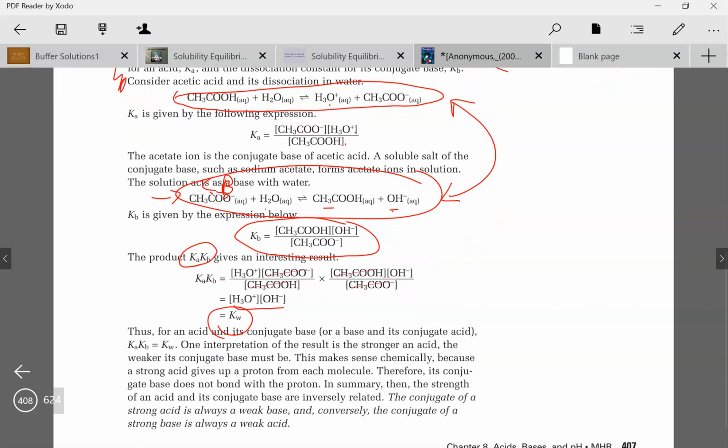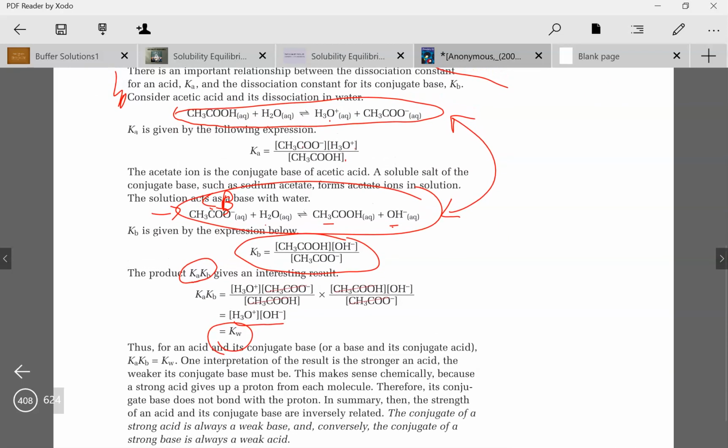So essentially, whenever you take the Ka of any acid and multiply it with the Kb of its conjugate base, you always end up with a constant, 1 times 10 to the negative 14. If I give you the Ka of acetic acid, you can find the Kb of acetate, even if it's not given in the back of the textbook, just by doing 1 times 10 to the negative 14 divided by Ka.